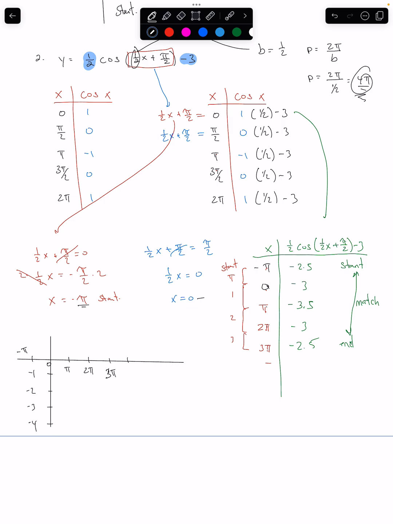All right, so my midline is -3. My amplitude is only 1/2, so it's cosine. Cosine doesn't start on the midline, it either starts above or below. Since it's positive, it should start above, and it does. It starts here, -2.5, check. So, negative pi, -2.5. 0, -3.